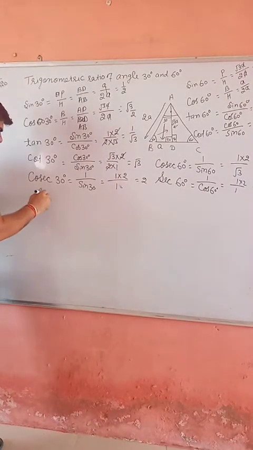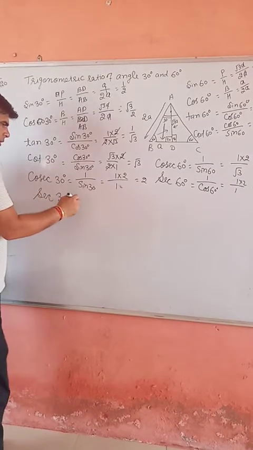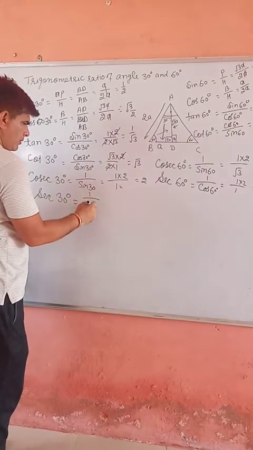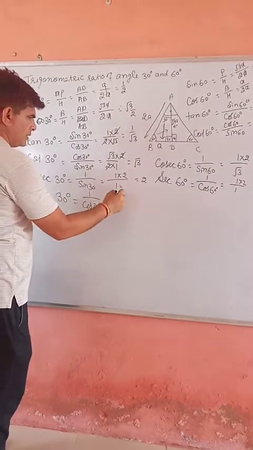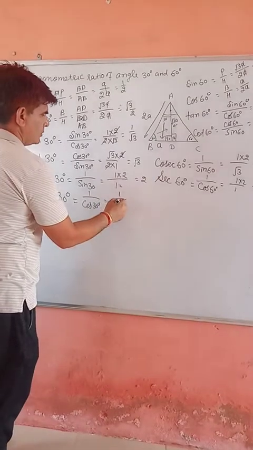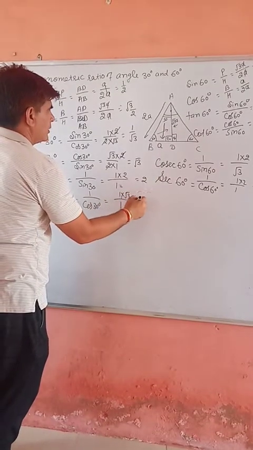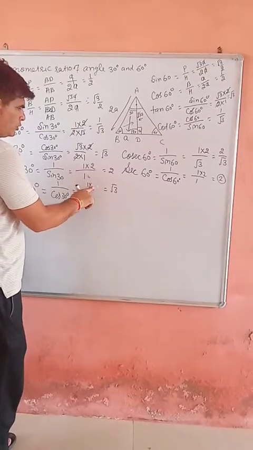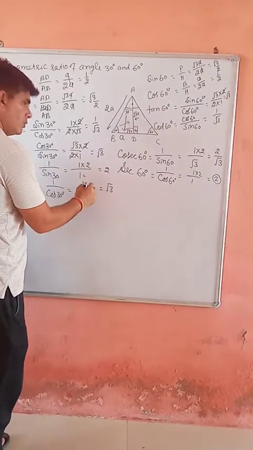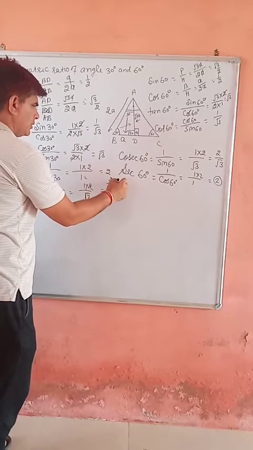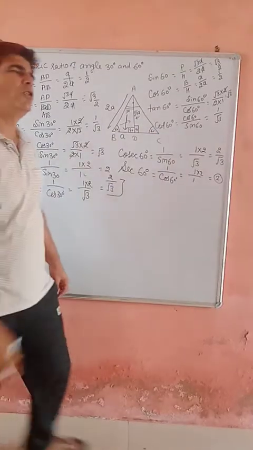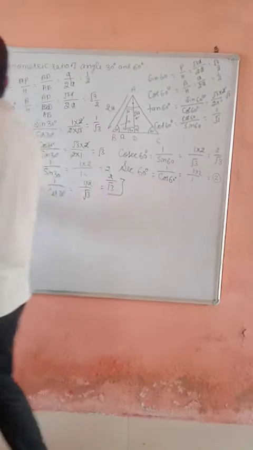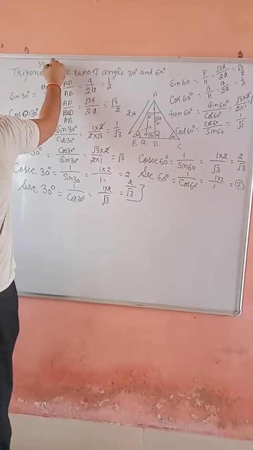Then secant of 30 degrees is 1 by cos of 30 degrees. Cos 30 is √3 by 2, so it means 2 by √3. These are all the trigonometric ratios of 30 degrees and 60 degrees.